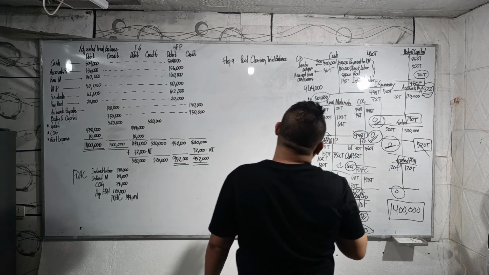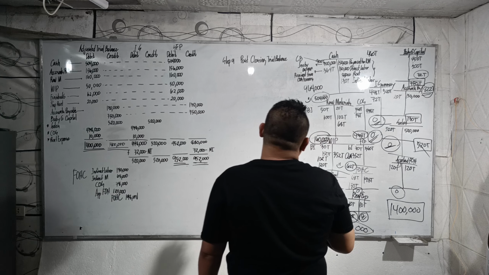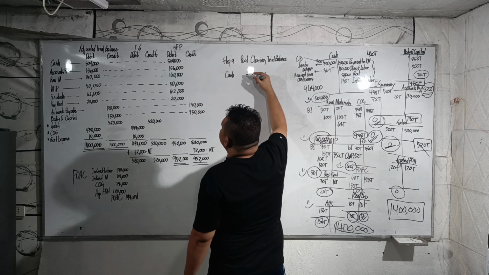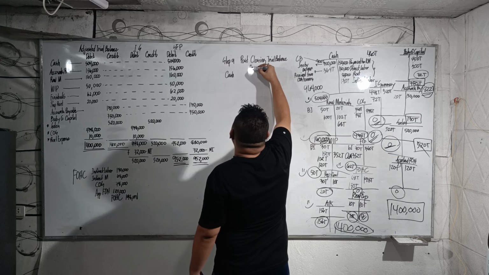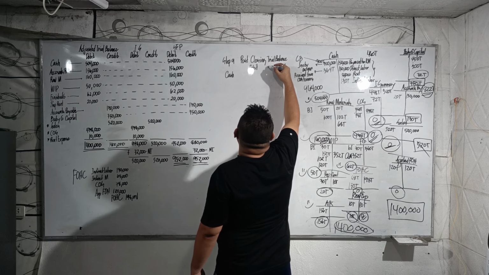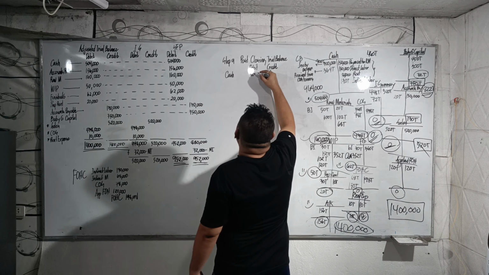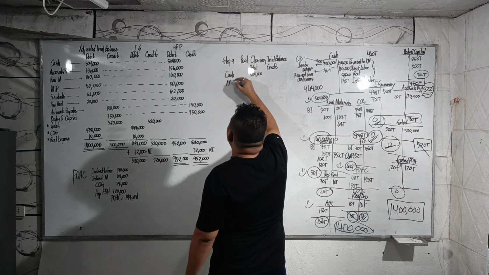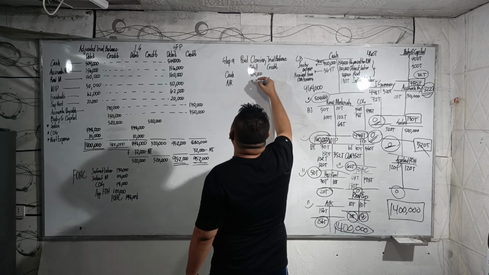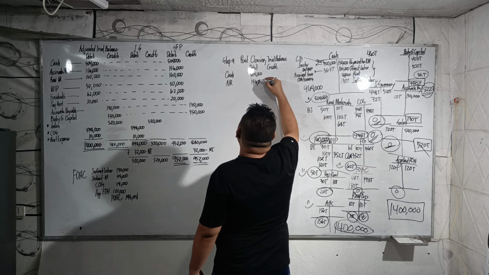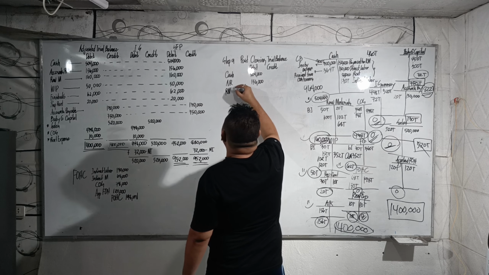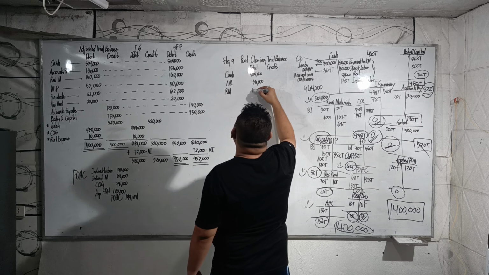So, for the post-closing trial balance, you'll start with cash. It's 504,000 debit. You have your accounts receivable. This was not changed. It's still 156,000. And then the raw materials is still 160.